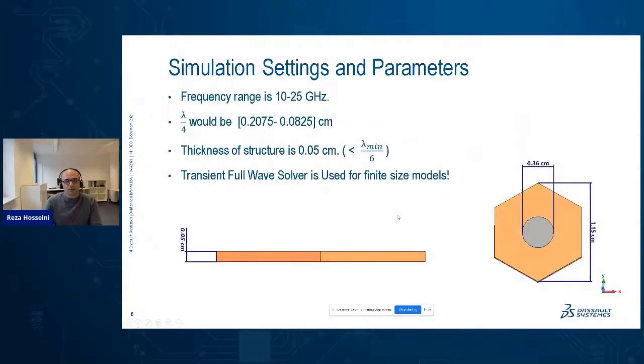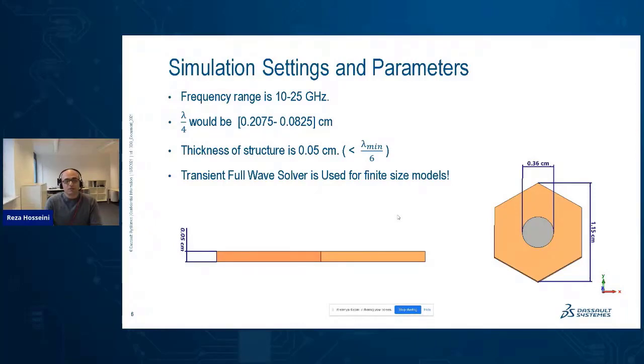The model that I use in this investigation is pretty simple: we have a dielectric, and inside the dielectric there is a circular metal. The frequency range of interest is between 10 and 25 gigahertz.